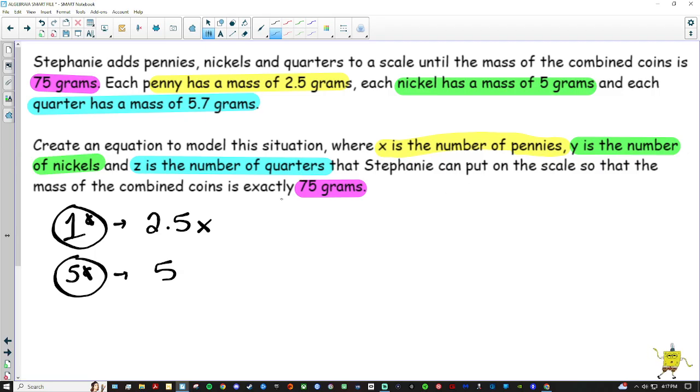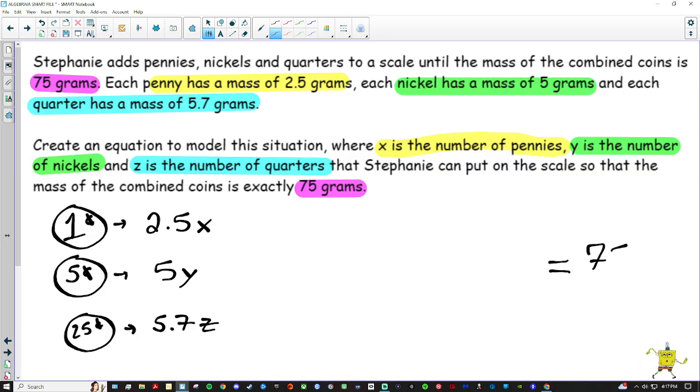And our variable is Y. Y for nickels. So 5 grams for every Y nickels. And last we have our quarters, our 25 cents. Our quarters are 5.7 grams, and our variable for quarters is Z, so 5.7 times Z. Okay, so this is the information they gave us, and finally, our total, so this is going to equal our total of 75 grams.